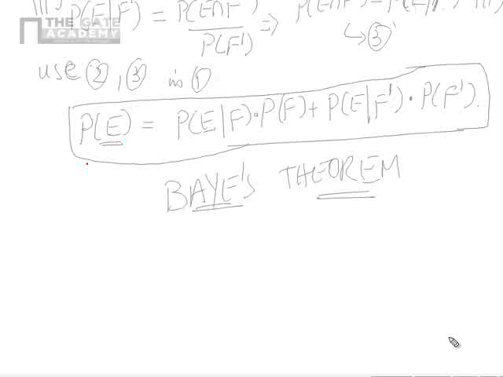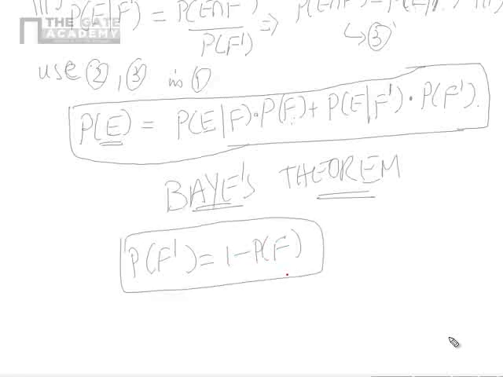I know the probability of the event F. From that I know the probability of F complement, which is 1 minus probability of F. So if I know probability of F and the chance of occurrence of E when F has occurred, I can calculate probability of E using this relation. This is what is called Bayes' theorem on conditional probability. Clear? We will solve problems and enhance our understanding.